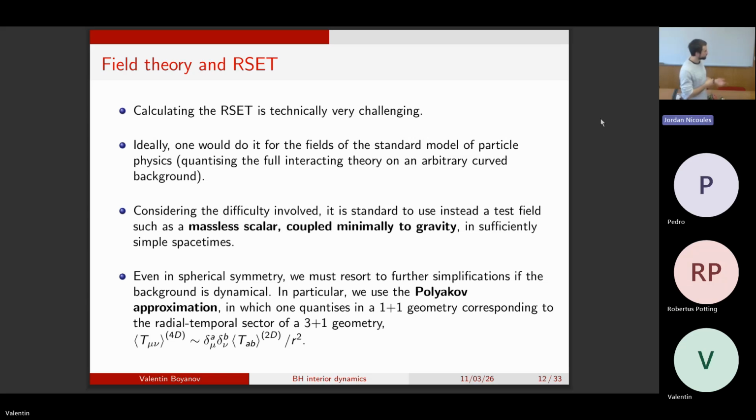And this has been shown to capture effects like Hawking radiation, but it has a non-physical singularity at the origin, so it should be used with some caution if you want to use it on non-black hole spacetimes. But here we're more interested in the effects around horizons, where it's more applicable.